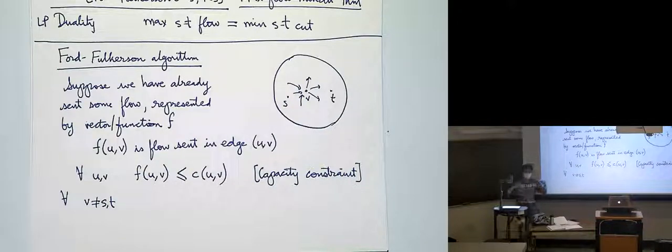So there's some kind of conservation. The amount of flow that comes in is equal to the amount of flow that goes out, for every vertex that's not s or t. s is going to be sending flow, t is going to be receiving flow, but every other vertex is like a conduit, where the amount of flow going in is the amount of flow going out.